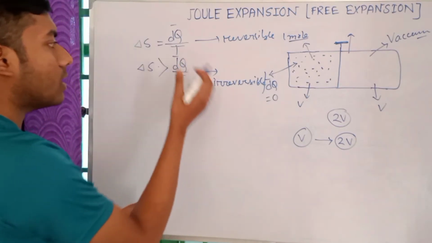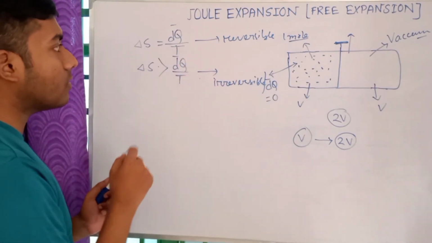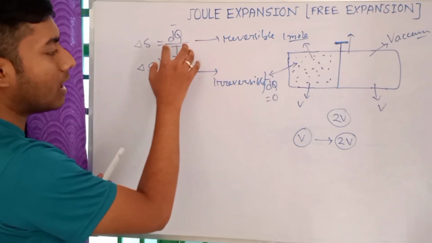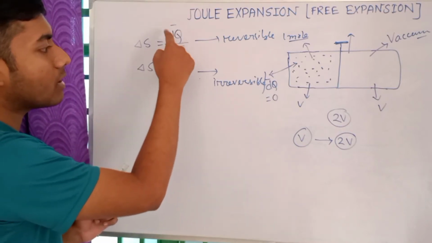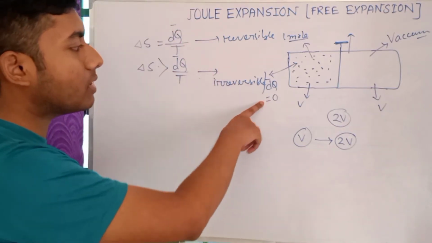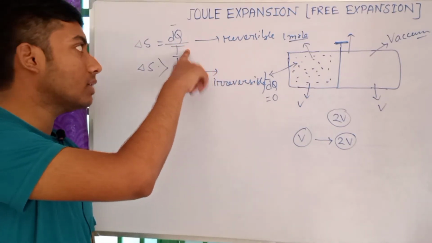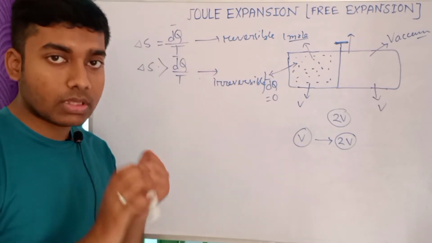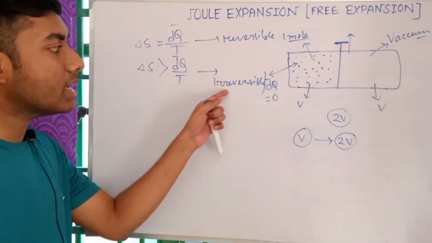So here what condition will be valid? We cannot use the equality, and the result will not be equal to 0. That is, if you think that here dq is 0, so if we put it in this equation, then the change in entropy will be 0, but this will not happen, because this formula is wrong, because this is an irreversible process.